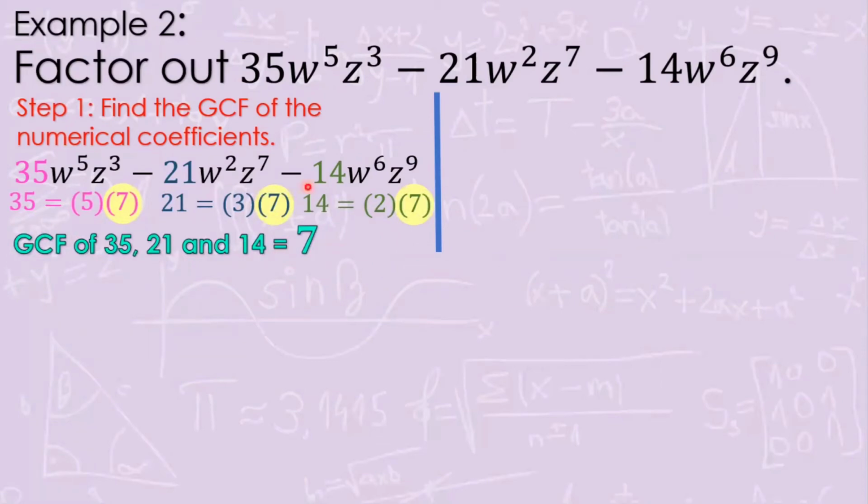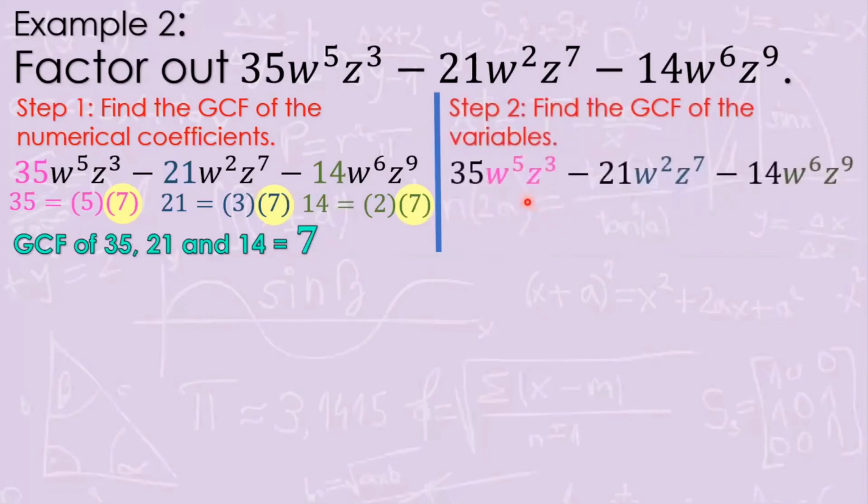Step 2, let us find the GCF of the variables. So again, this is our given, and these are the variables on each term. So they all have W and Z. Okay, so again, to find the GCF of the variables, we need to get the common variable, o yung letter na pare-pareha sa kanila, with the least exponent, yung pinakamaliit na exponent.